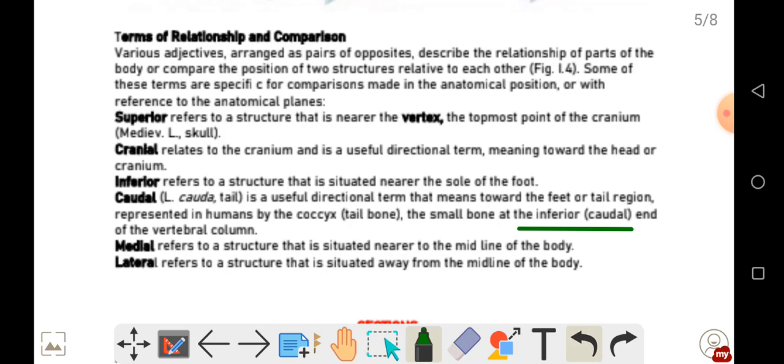I'm sure by now we know what a coccyx is. Then we also talk of medial, which refers to a structure that is situated nearer to the midline of the body. Then we also talk of lateral. Lateral refers to a structure that is situated away from the midline of the body. So these are some of the terms of relationship and comparison.